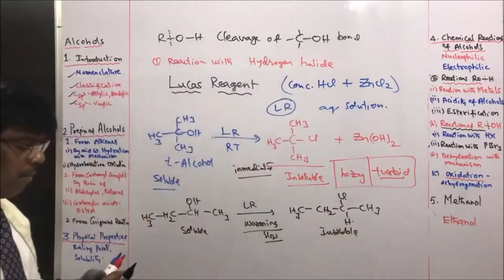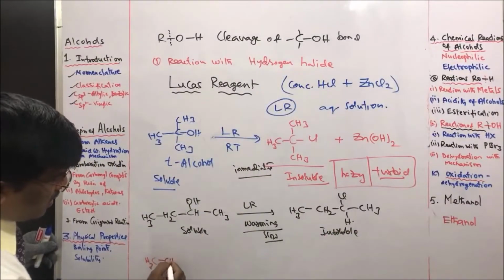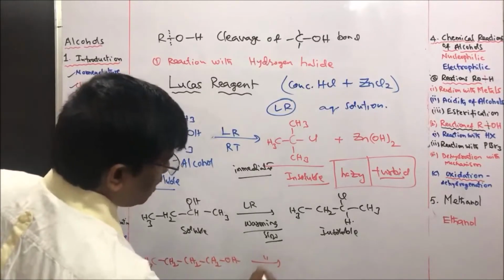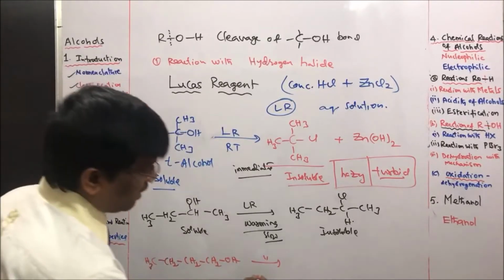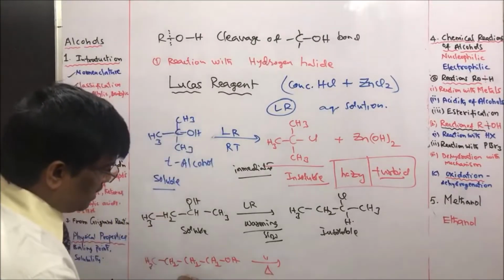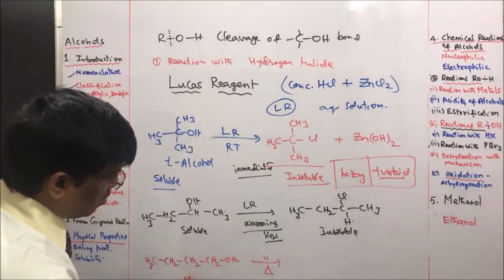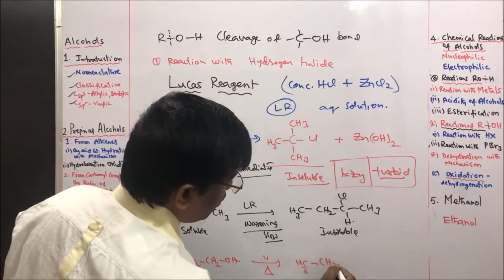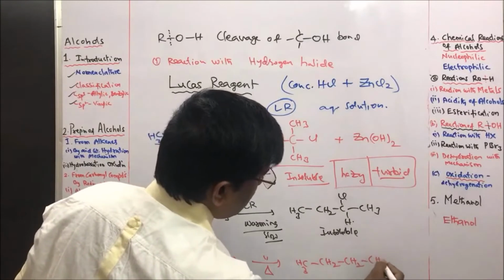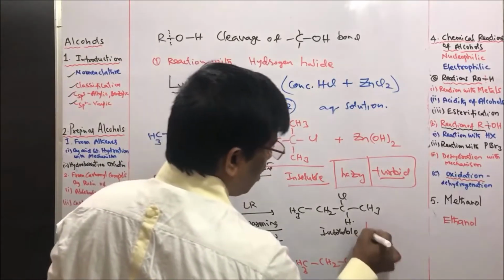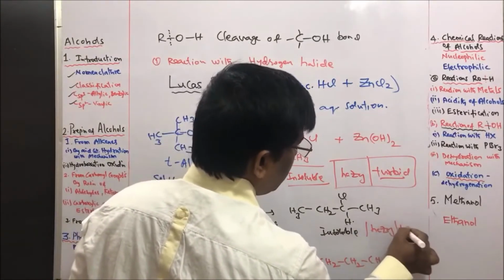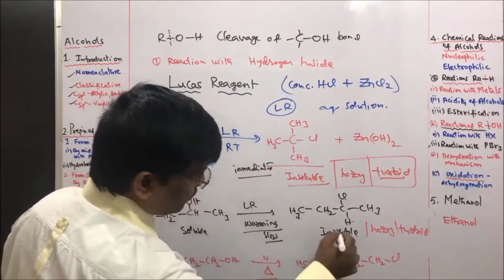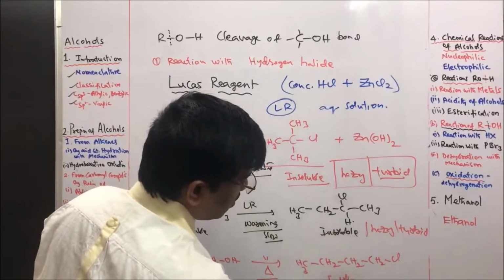When it comes to primary alcohols, such as CH3CH2CH2CH2OH with Lucas reagent, primary alcohols require heating. The alcohol is soluble and the halide is insoluble, so a hazy turbid solution forms only after heating.